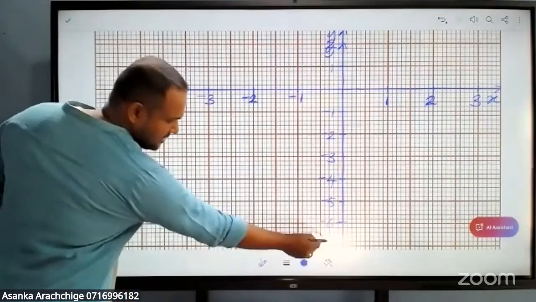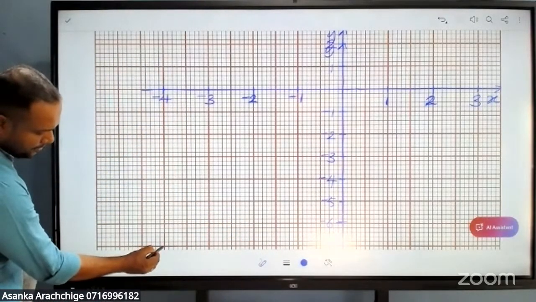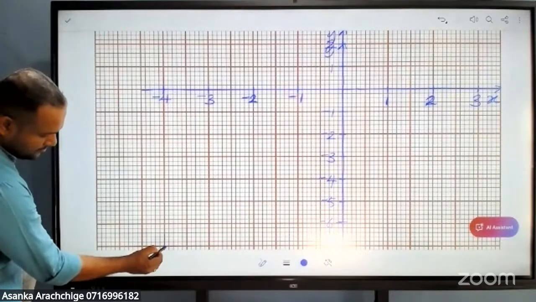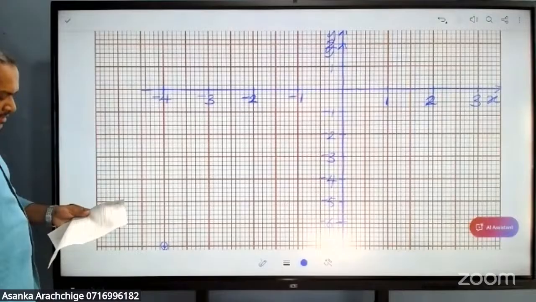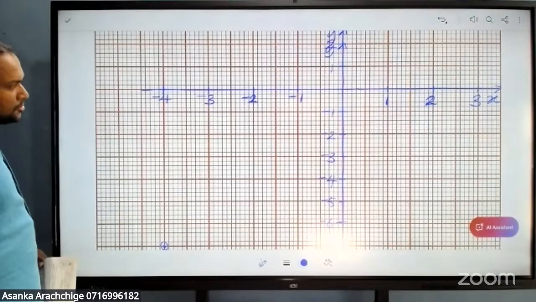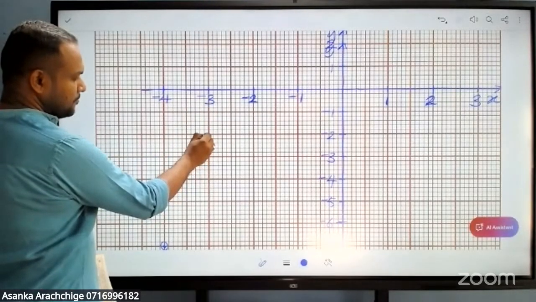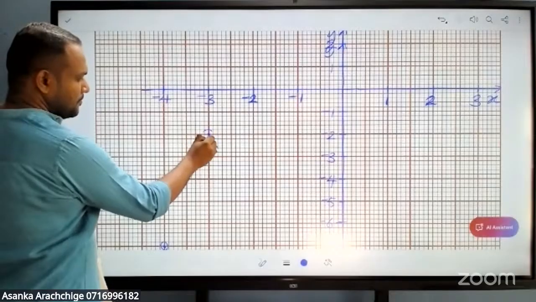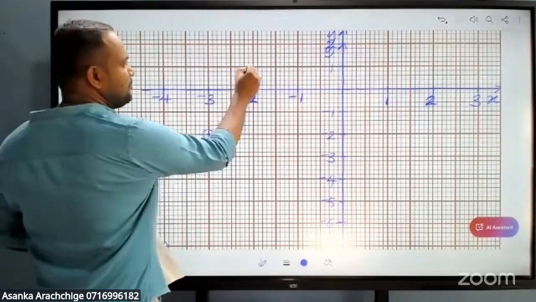-4, -7. This is -7, this is -4. Then this is the point. -4, -7. Second point, -3, -2. Third point, -2, 1.